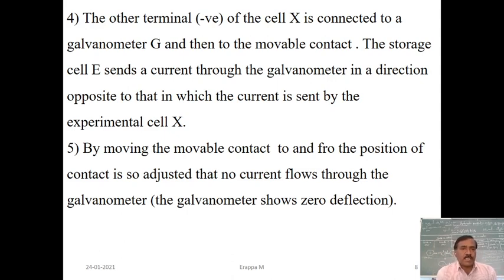The storage cell E sends a current through the galvanometer in the direction opposite to that in which current is sent by experimental cell X. By moving the movable contact to and fro, the position of contact is adjusted so that no current flows through the galvanometer, that is, the galvanometer shows zero deflection.